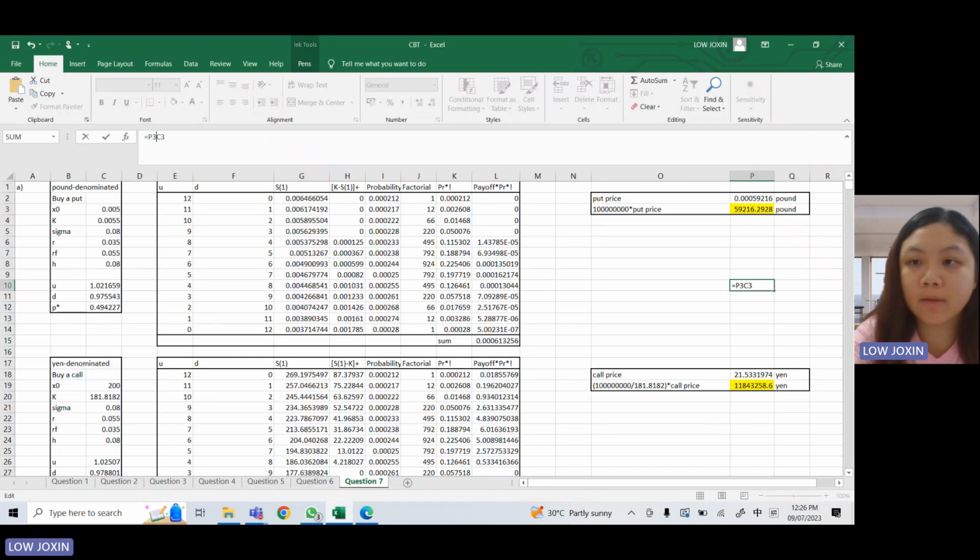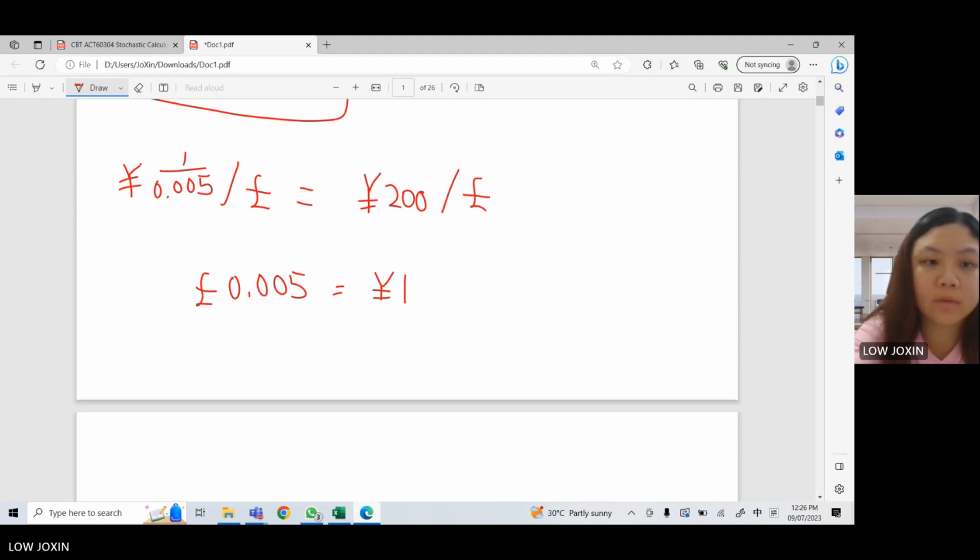So when we have 59216.2928 pounds, how many yen is it equal to?